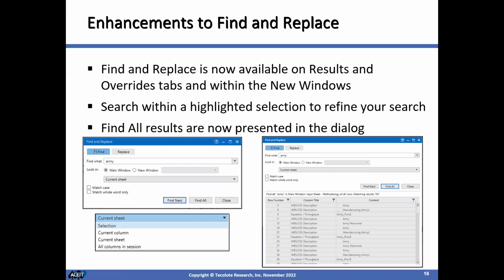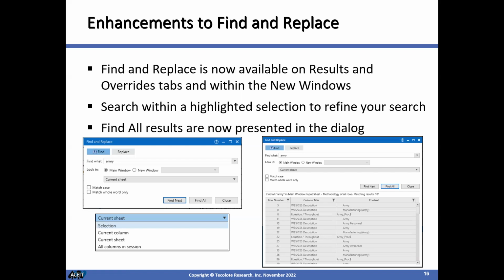We've also expanded the options associated with find and replace. We've streamlined the buttons a little bit, so you can see everything in one dialogue. We've also made it so that you can choose where you want to search. Do you want to search across the current sheet that you're in, the selection that you have selected across the column, or do you want to look across all of the columns in the session?